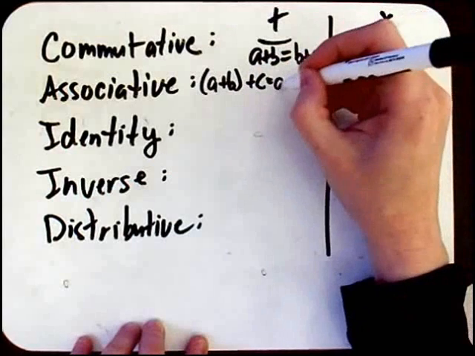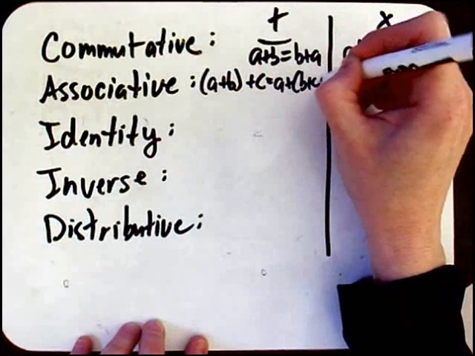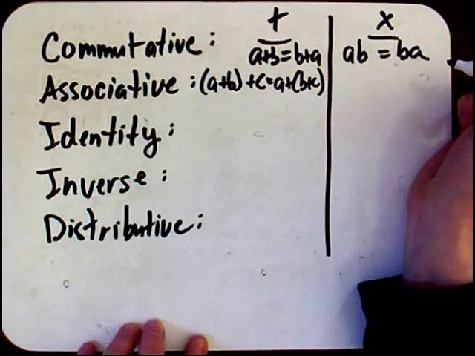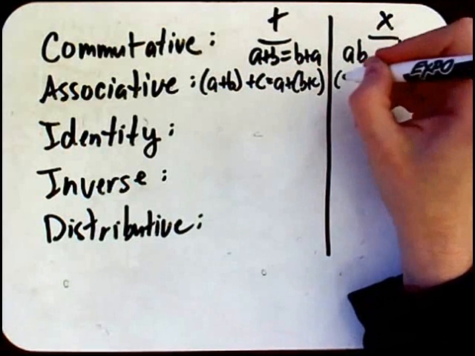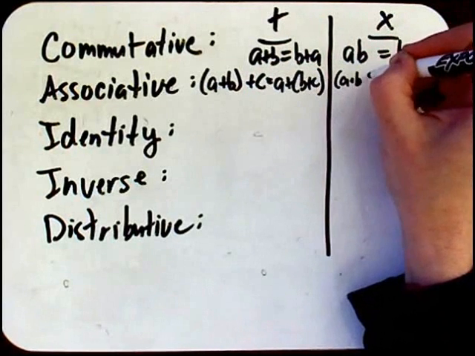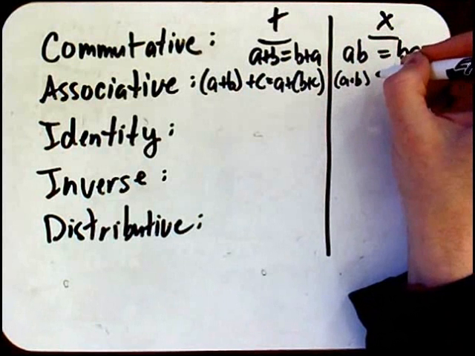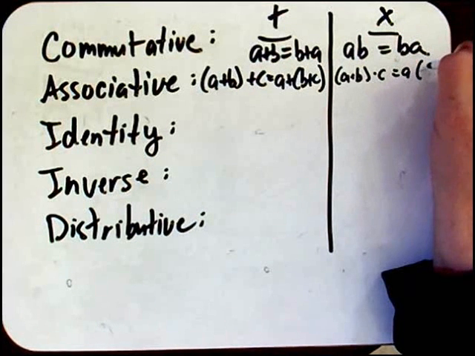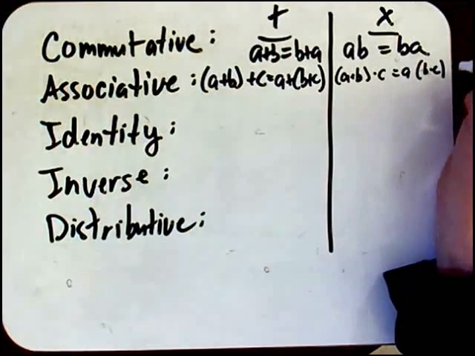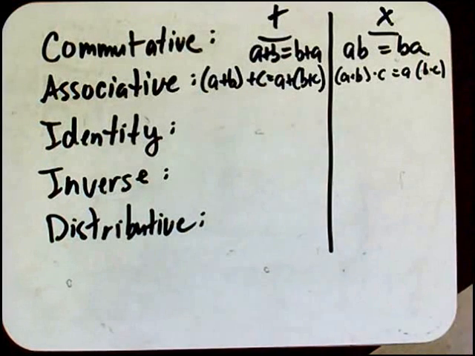We can say A plus open B plus C, close parentheses. Same thing for multiplication. We can say A times B in parentheses times C equals A open B times C close, then that's the same thing.